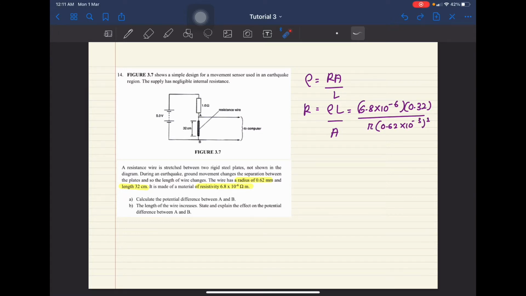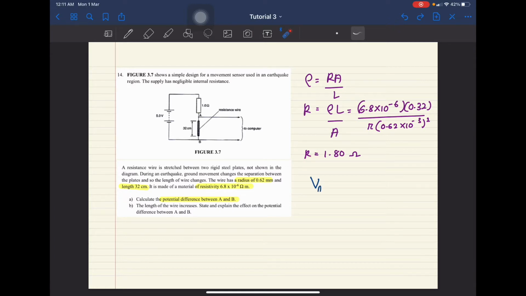Press your calculator. Don't forget that you have a square here. Because this is a wire, you will expect that the cross-sectional area will be a circle, so it will be pi r squared. You press your calculator, you should get 1.8. That one is for the resistor of AB.